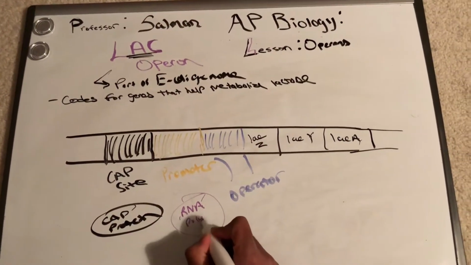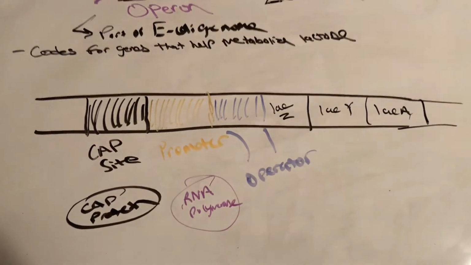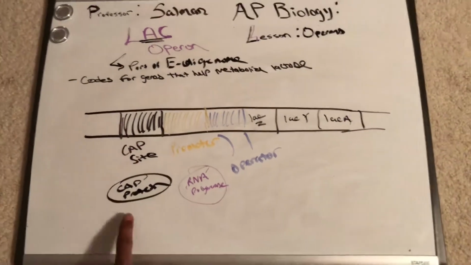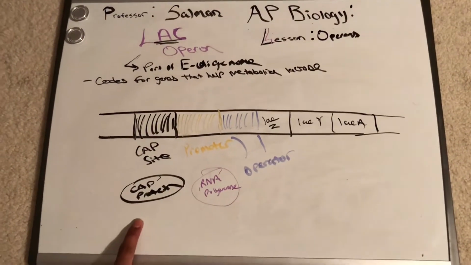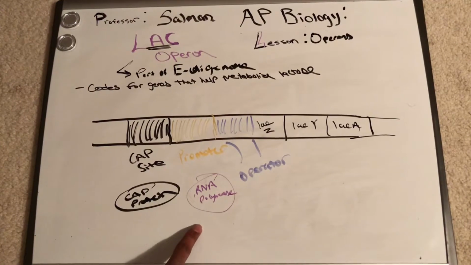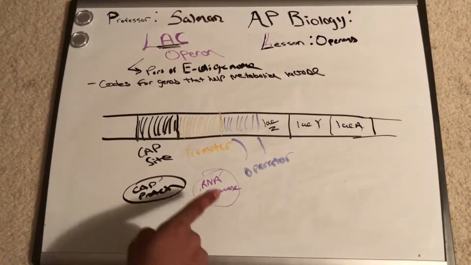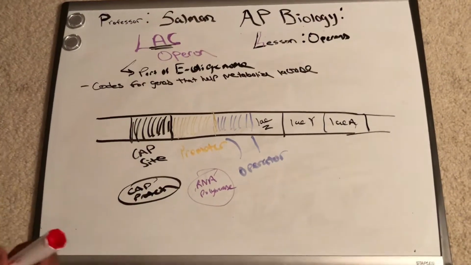So this allows RNA polymerase to bind to the promoter region, which promotes a process known as transcription.